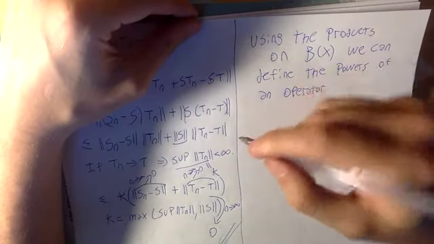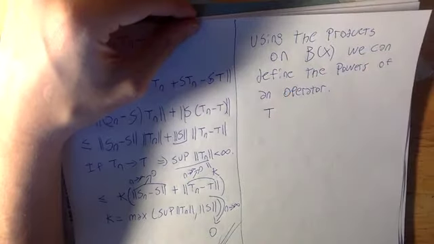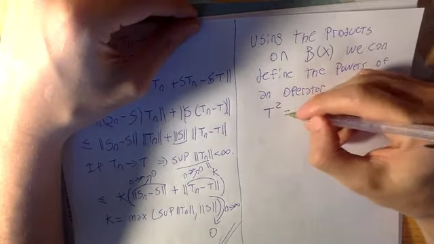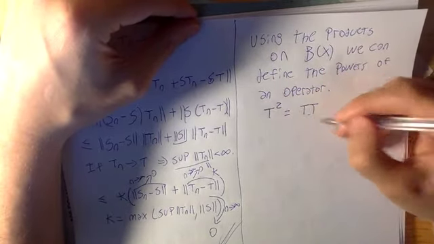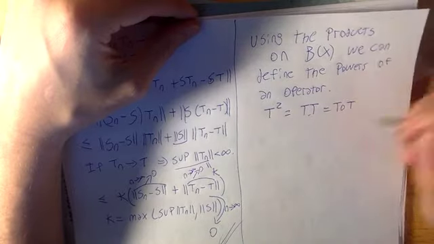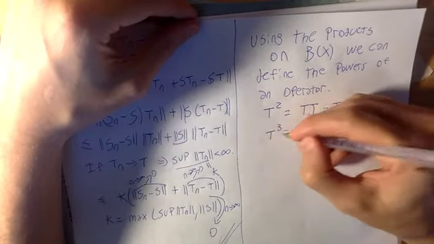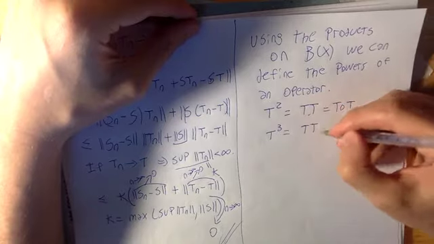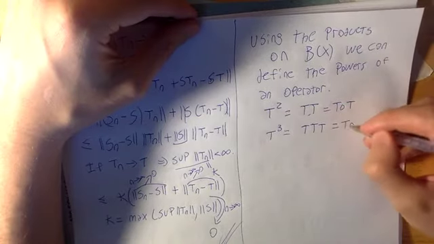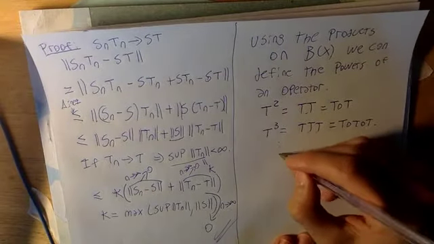Basically we can take T squared, which is just T times T, which is T composed with T, and so T cubed is going to be T times T times T, which again is T composed with T composed with T, and so on.